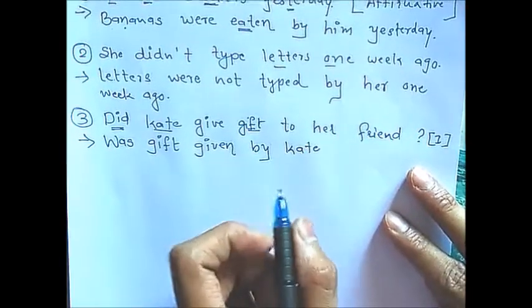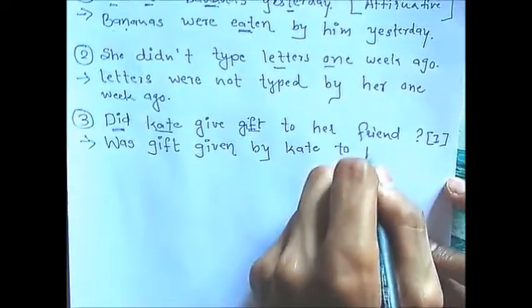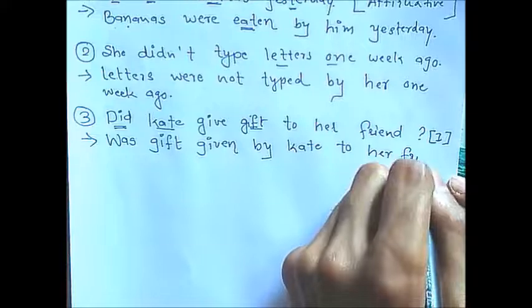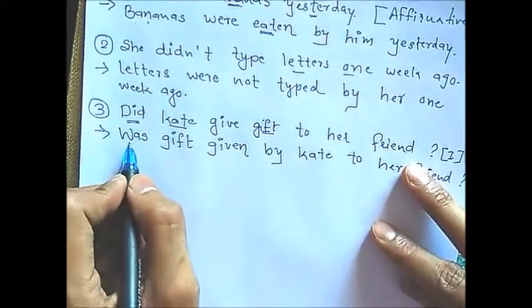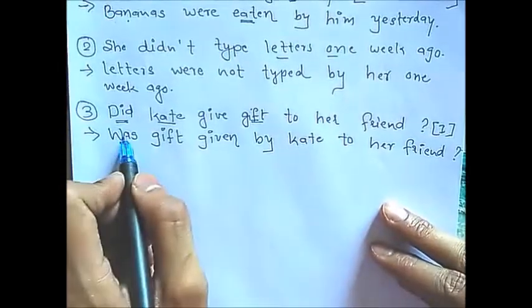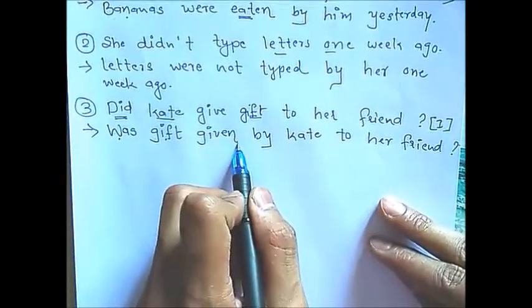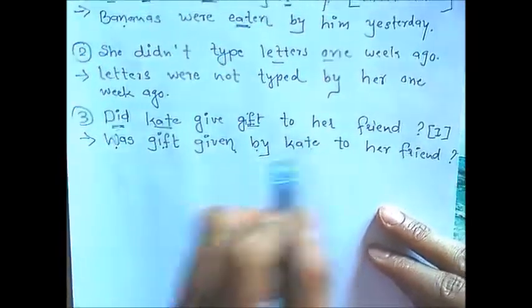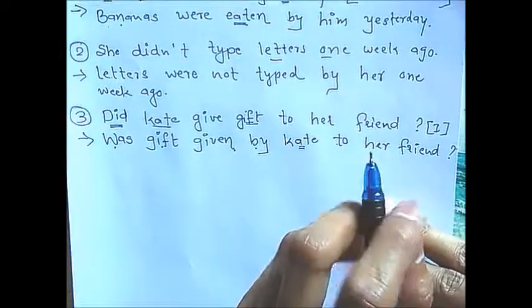Was the gift given by Kate to her friend? Then after, other words. Again I am repeating, in the very beginning you have to put was or were regarding the object, then the past participle of the verb form, then by, then the subject, and at last other words will go.